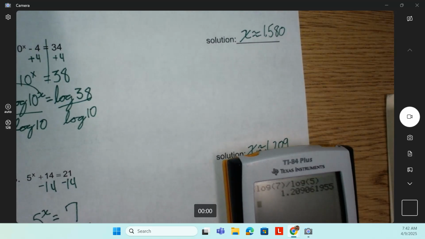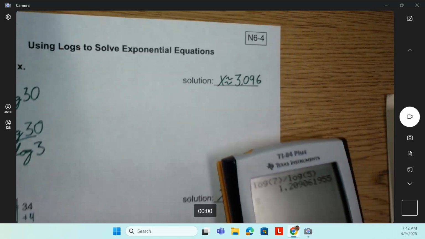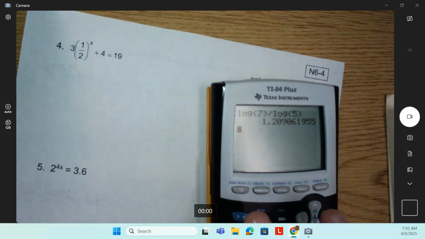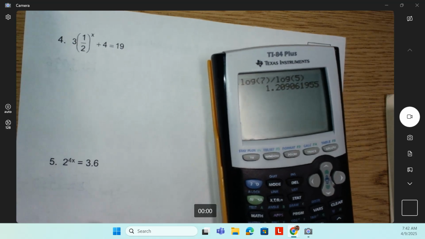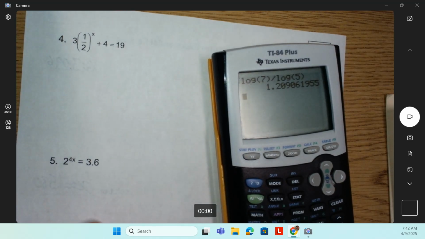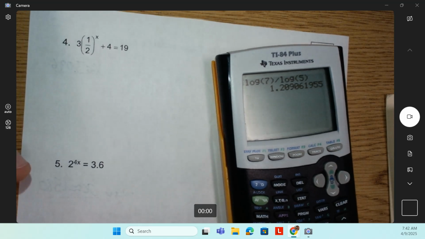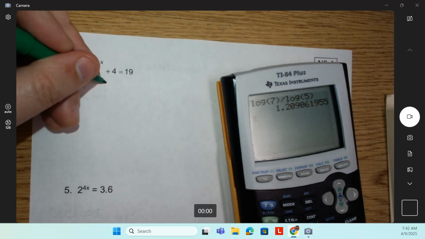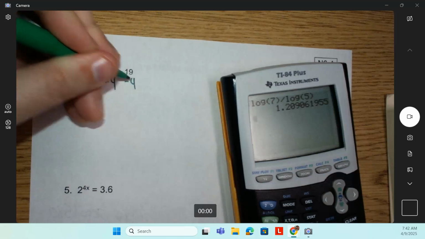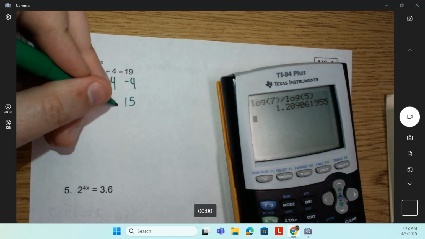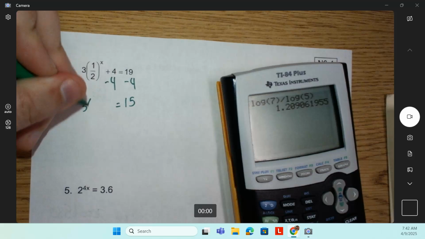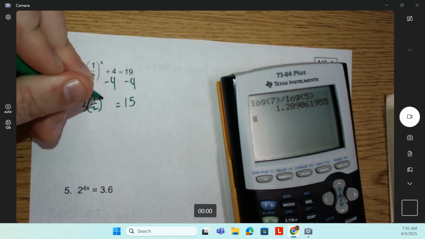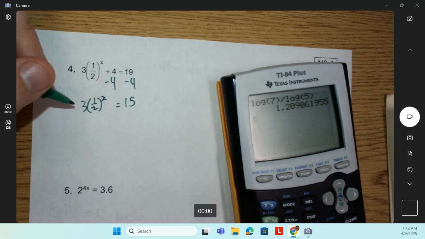Okay, and not going to really run into anything major here, just more algebraic steps. Again, I'm working to get everything all the way on its own. So subtracting 4 from both sides, 15 equals 3 times 1/2 to the x power.